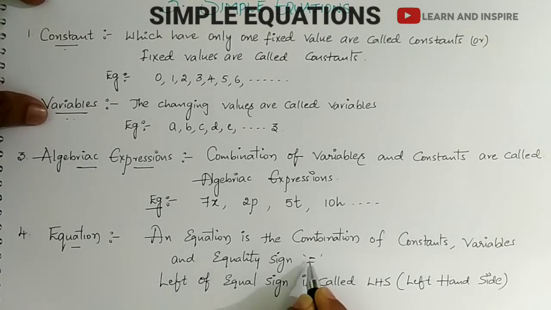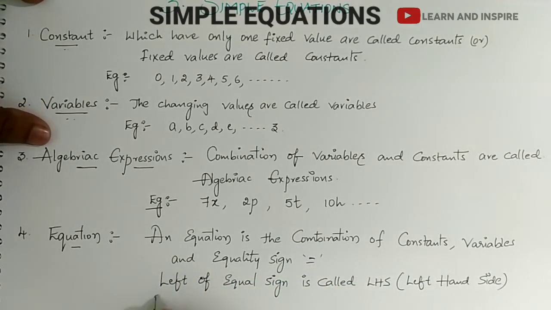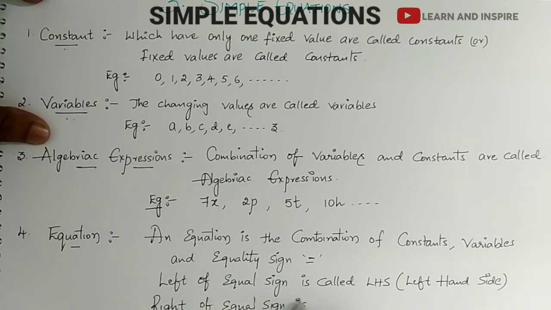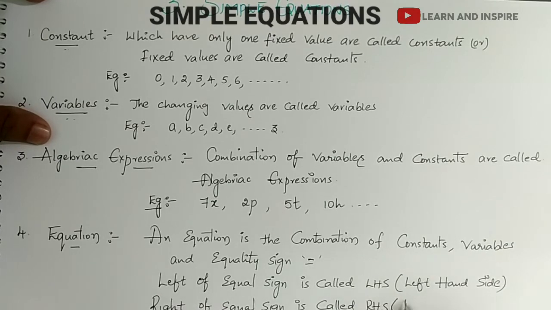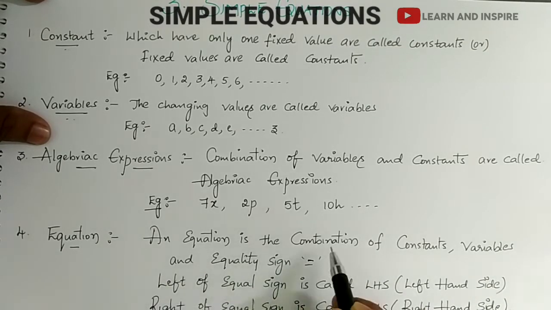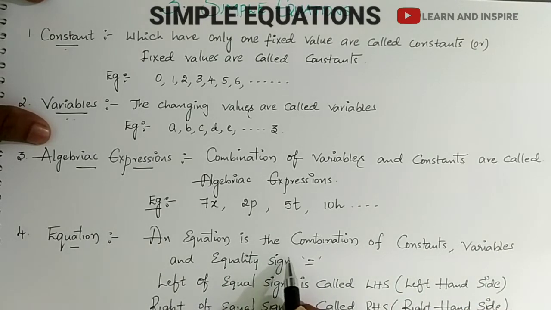And right of the equal sign is called the RHS. RHS is nothing but the right hand side. Understood? What is an equation? An equation is nothing but a combination of constants, variables, and equality sign. So left of the equality sign we call LHS and right of the equality sign we call RHS. Okay, so we'll see a few examples.